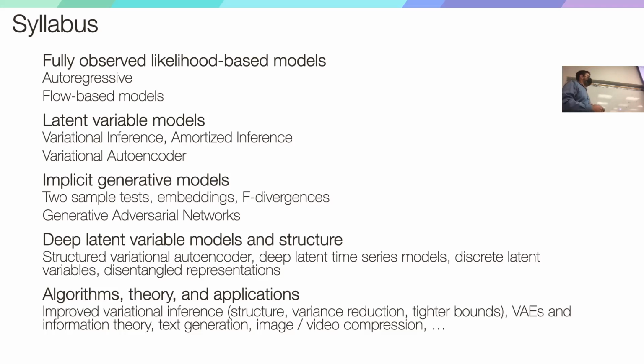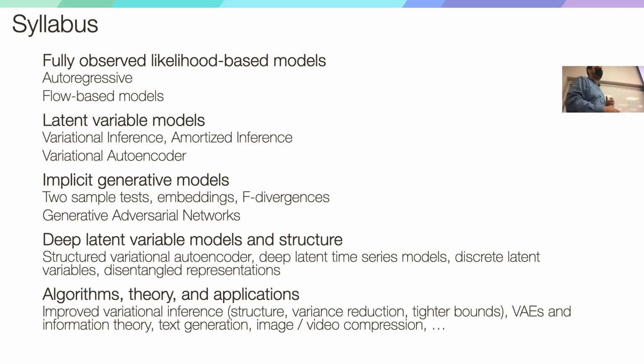Then, basically everything else is kind of advanced. So we'll probably talk about deep latent variable models and structure. In other words, on the one hand, we have deep learning, which gives you very flexible distribution approximators, and that allows you to do a lot of things in a supervised fashion, or maybe models for unsupervised learning as well.